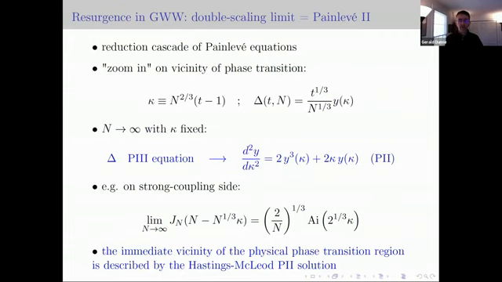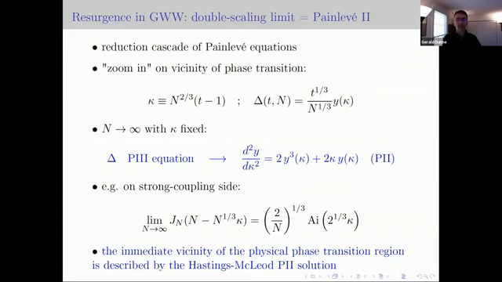The net result of this is that in the immediate vicinity of this phase transition, which becomes a kink when N is equal to infinity, but is not a kink when N is finite, but is becoming sharper and sharper as N goes to infinity, if you're interested in approaching that limit carefully, up to this exponential precision from the trans-series correction, you discover that not only does this equation reduce to the Painlevé 2 equation, the relevant solution for this phase transition is indeed that particular one that we were talking about before, the one that was an Airy function on one side and then hugged the separatrix on the other side.